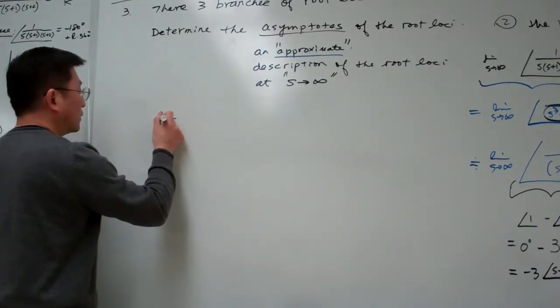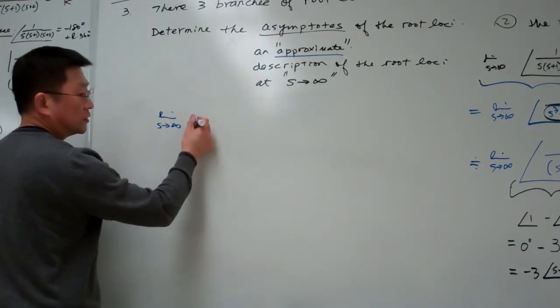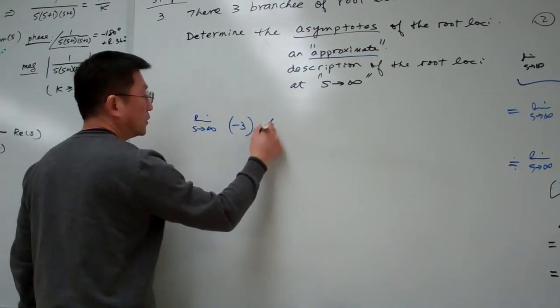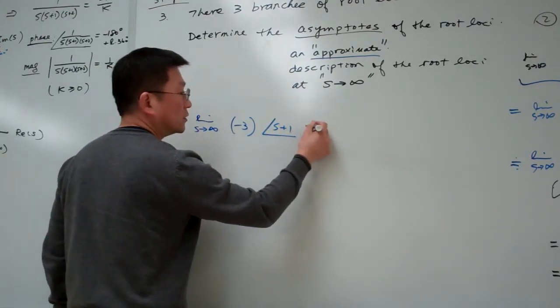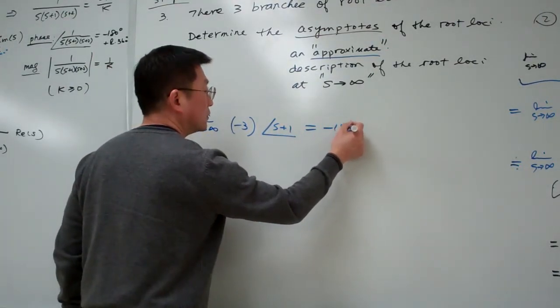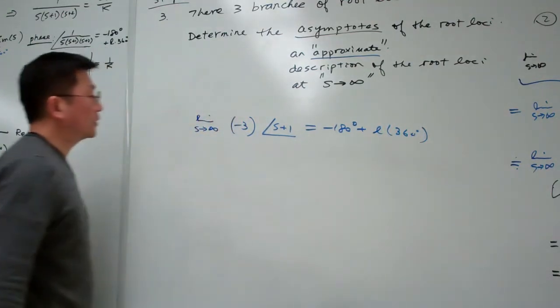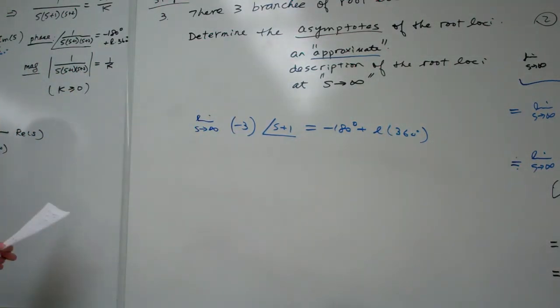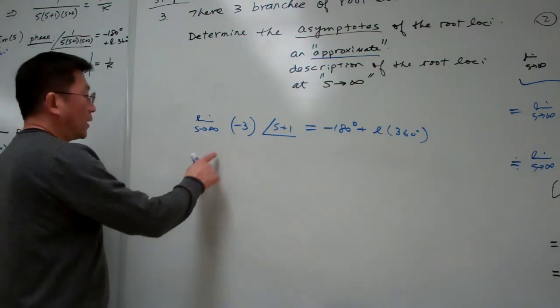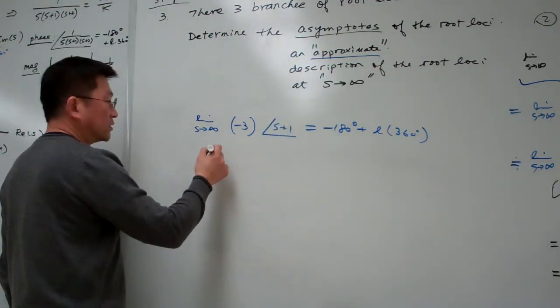So limit s approaching infinity of minus 3 times the angle of s plus 1 equal to minus 180 plus L times 360 degrees here. Okay. So again, here let me divide both sides by minus 3.